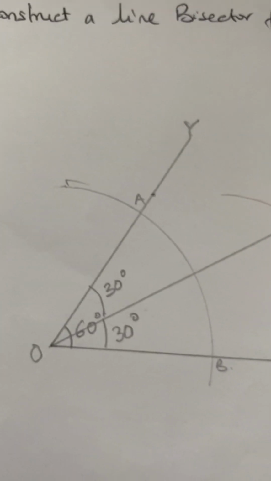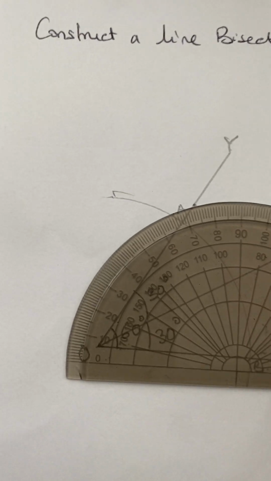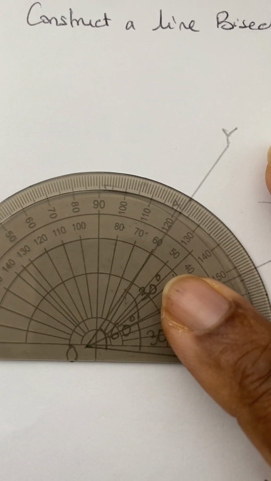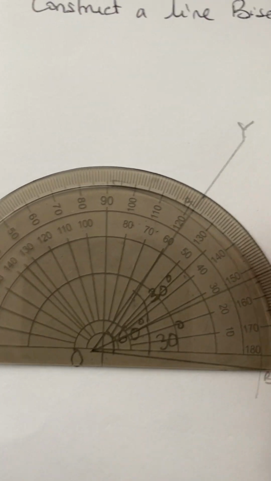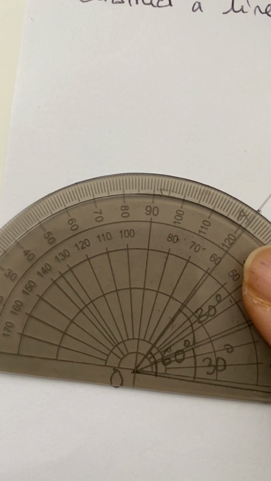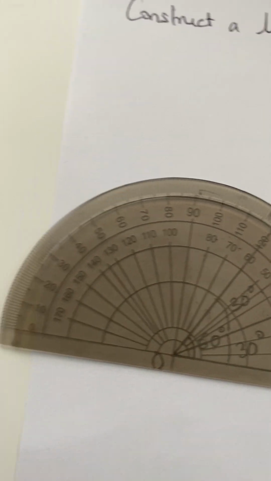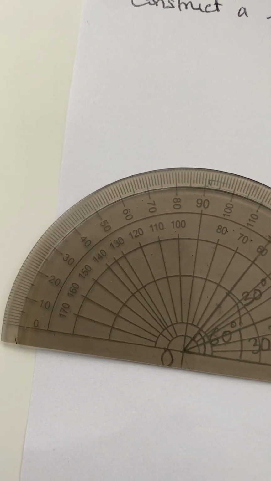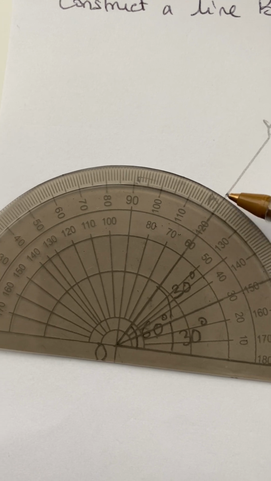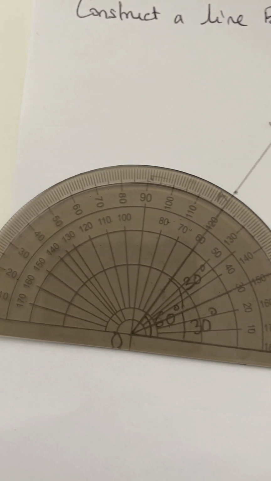First of all, I'll use my protractor here. Draw a line and then put the protractor on it. Measure 60 degrees. That was the point. And then use a ruler to connect it and extend the line.